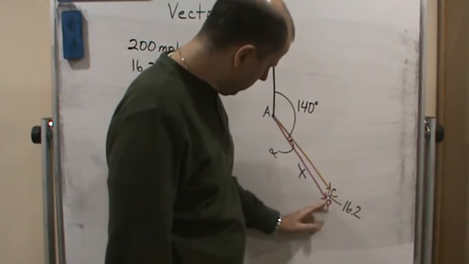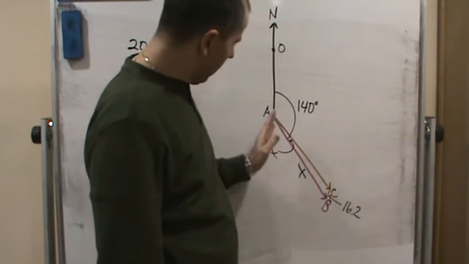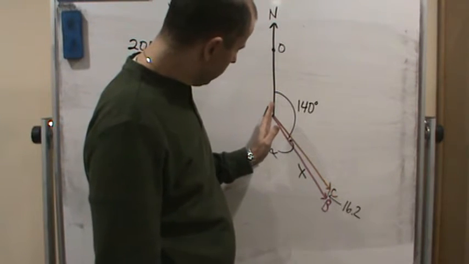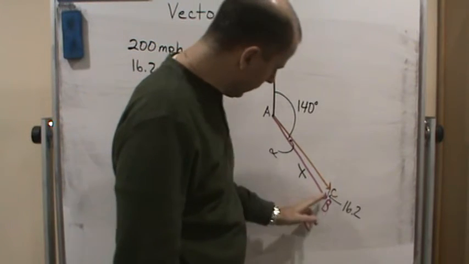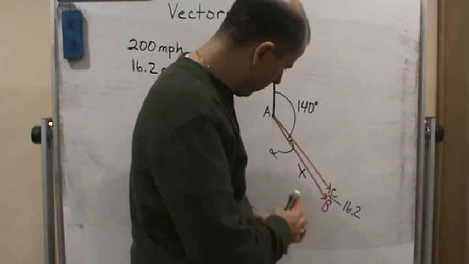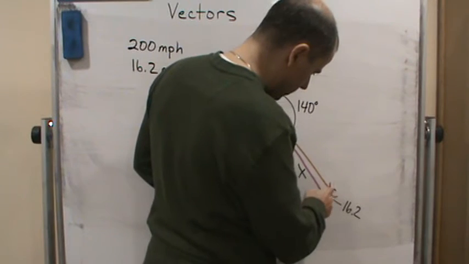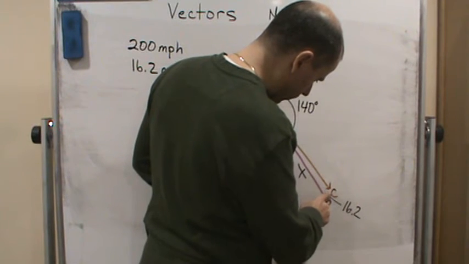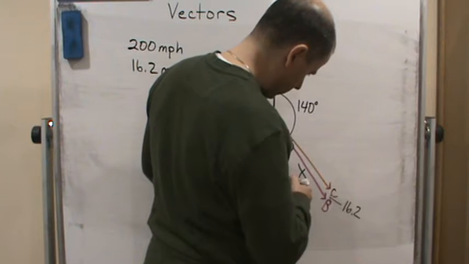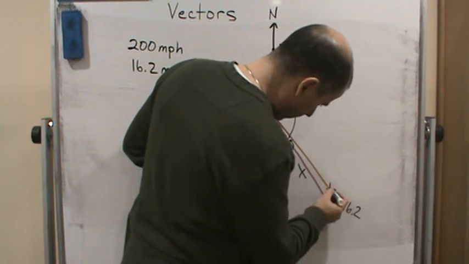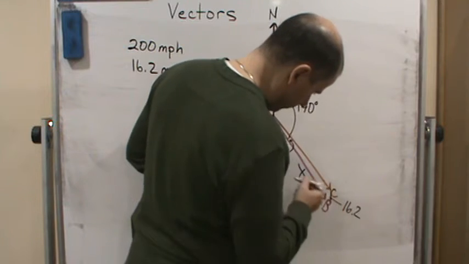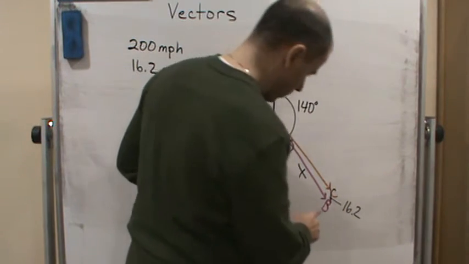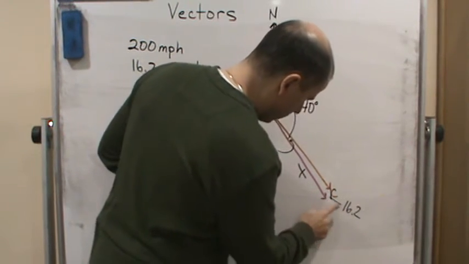This here is parallel to this here. Now I know I didn't draw it very well. Because this is going due south, this should be going down like this. So let me rewrite this so it looks better.